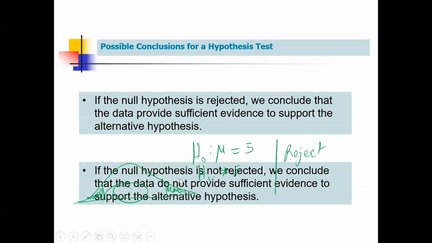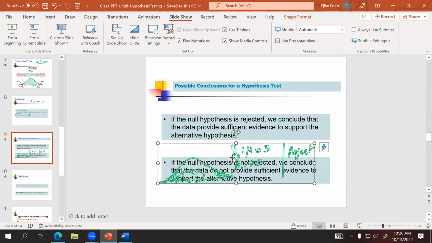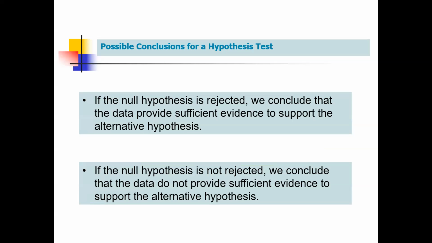Okay, so that's just what this is emphasizing, that we've already said that in different ways. Okay, and similarly, when you fail to reject, right, when the null hypothesis is not rejected, it invariably means you don't have enough evidence to support that the alternative is true.